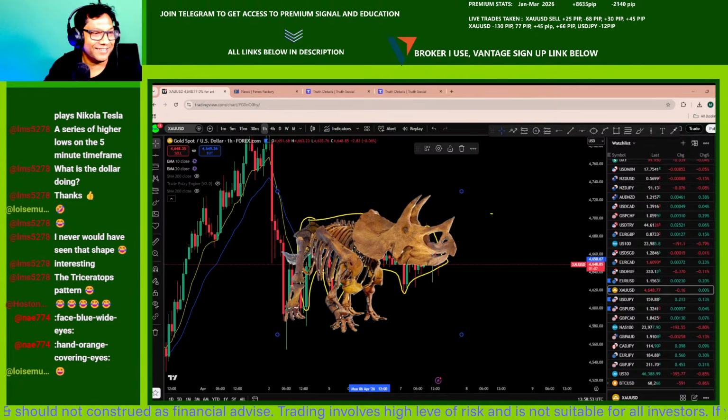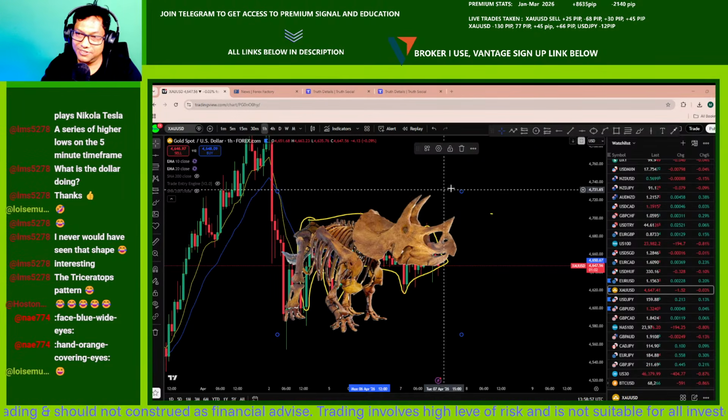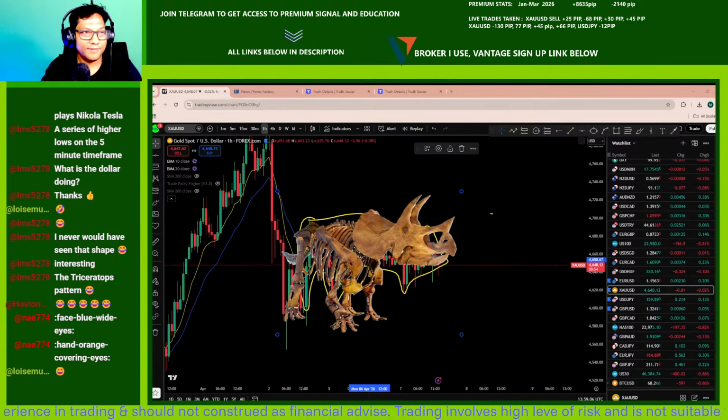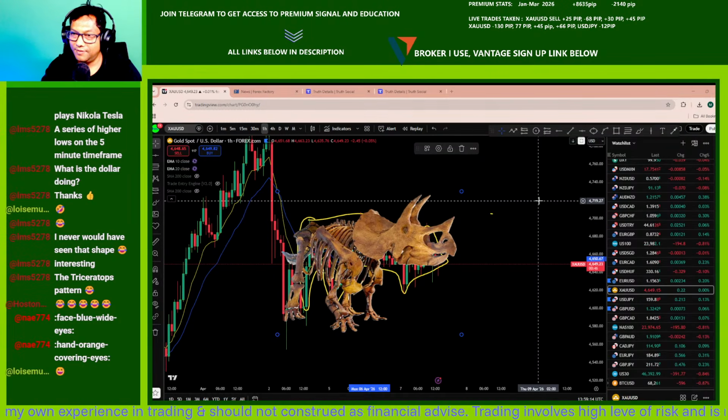It's a new pattern that formed. It's called the Triceratops. Golden dinosaur. It's also golden.